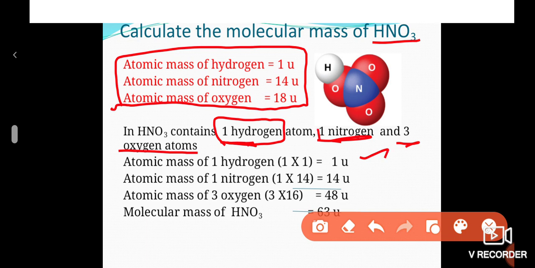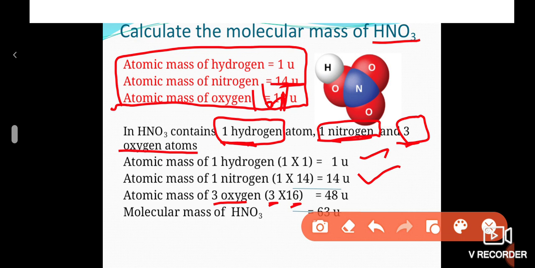Atomic mass of 1 nitrogen: we know nitrogen is 14U. Number into mass, 1 into 14 is equal to 14U. Atomic mass of 3 oxygen: here 3 oxygen atoms are there, so we multiply the number with the mass. The mass of oxygen is 16.